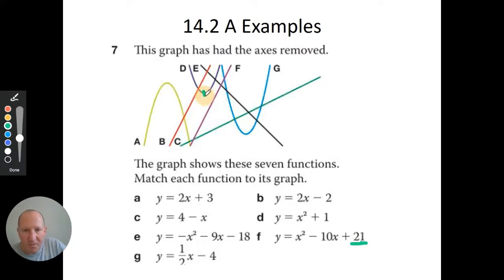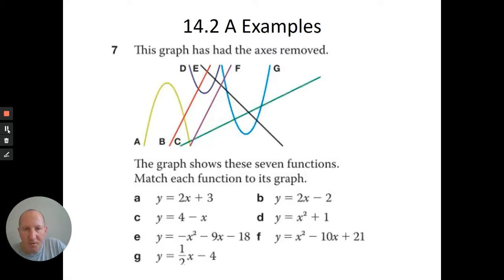So I would say that this one here, which is the equation D, or the graph D, goes with F, which only leaves us that one there, G, which must go with this one because it's crossing lower down, plus 1 less than plus 21. Okay, make sure you look at those and understand why those various equations go with those graphs.